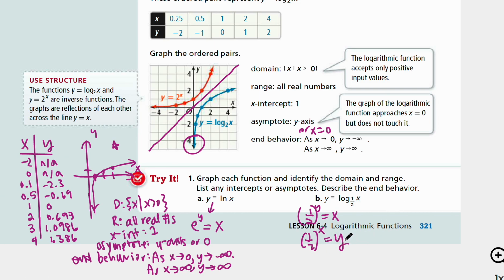And you can find the table of values for this one easily, and then switch x and y values to get the graph of your original function. Remember, this is the inverse.